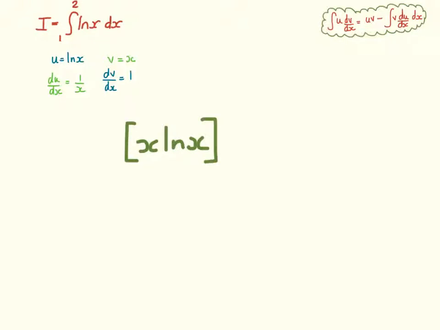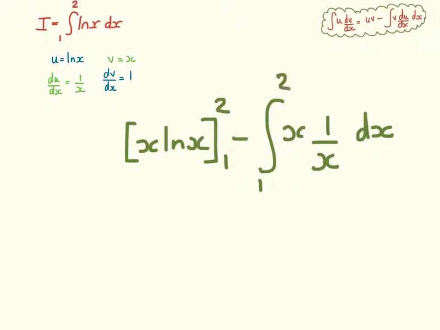Okay, so it'll be a 2 and a 1 there. Subtract the integral of v times du by dx, so x times 1 over x, with respect to x, and that is going to still be integrated between 1 and 2. Okay, it's just we haven't integrated that part of it yet.